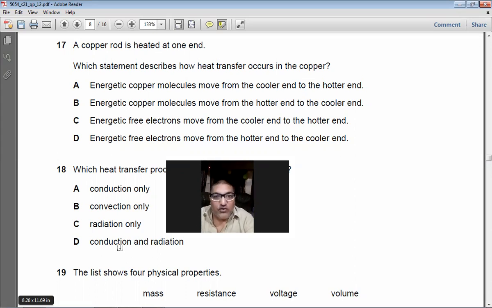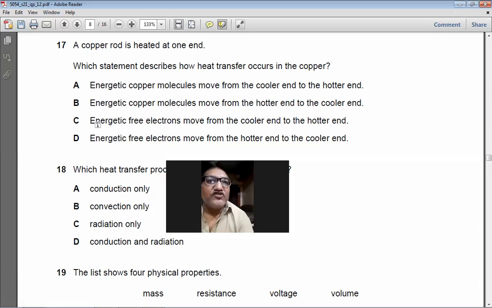They move to the colder end, and they collide with the molecules there and make them vibrate vigorously. This process is called free electron diffusion. So by free electron diffusion, the heat is transferred from the hot end to the cold end in the copper. So let's check what the options are.